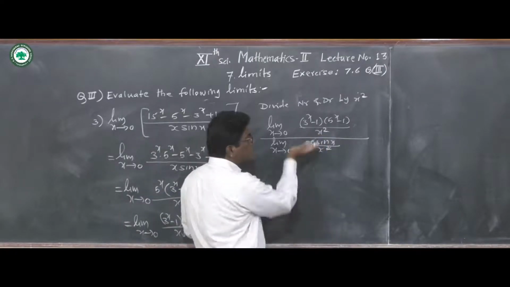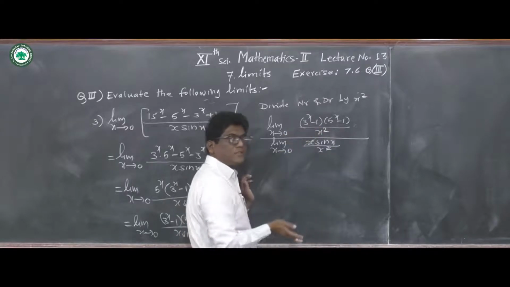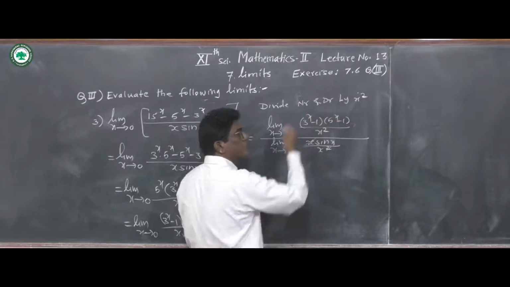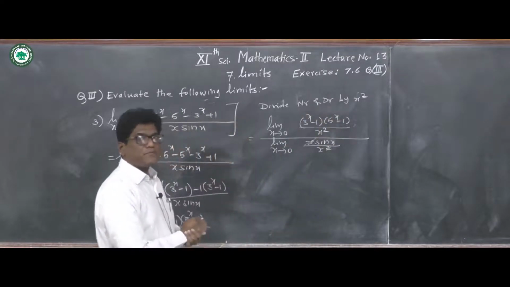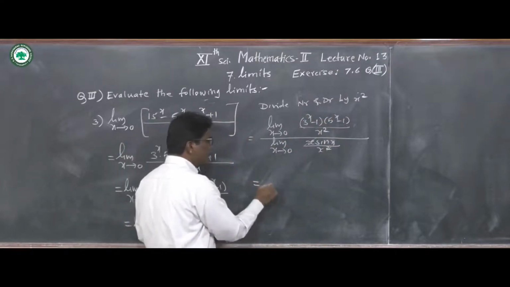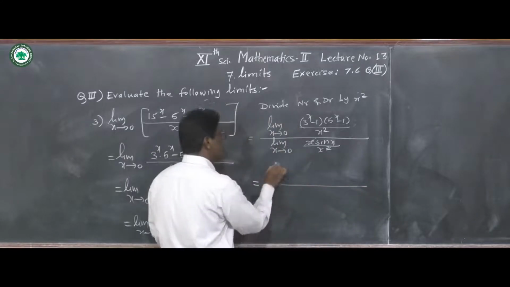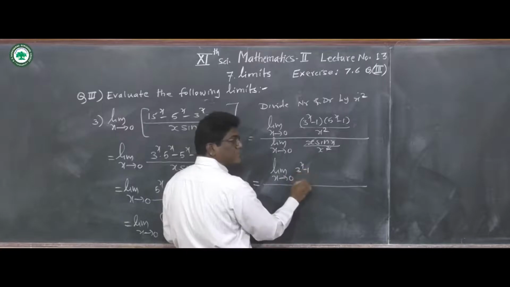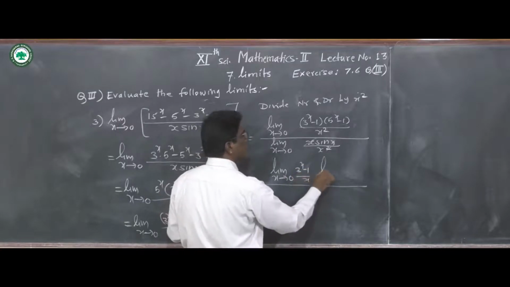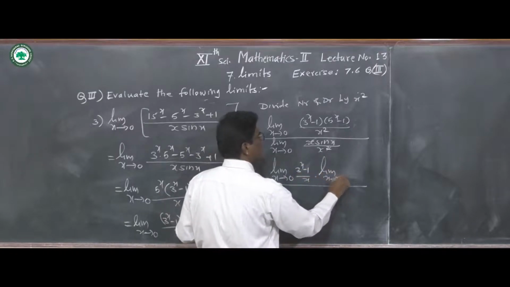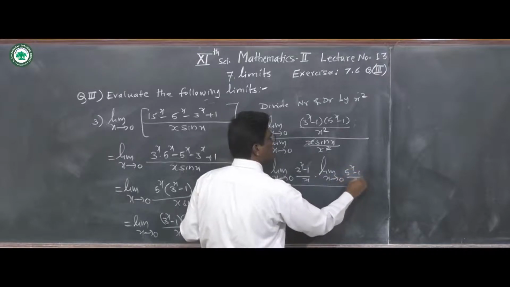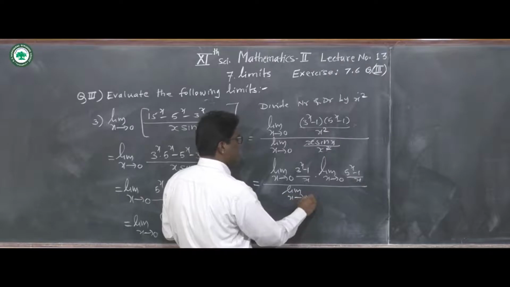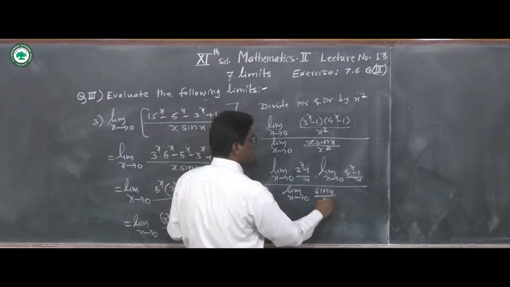We put one x below 3 to the power x minus 1, and one x below 5 to the power x minus 1, and take the limit of every term separately. So limit as x tends to 0 of 3 to the power x minus 1 upon x, into limit as x tends to 0 of 5 to the power x minus 1 upon x, divided by limit as x tends to 0 of sin x upon x.